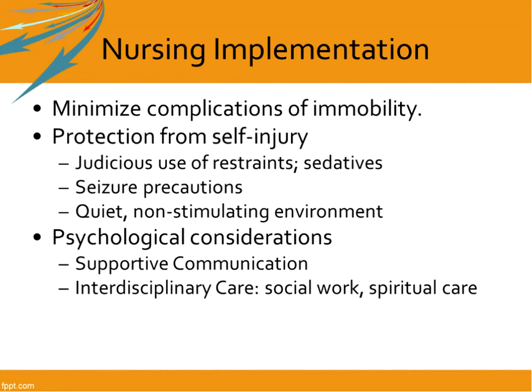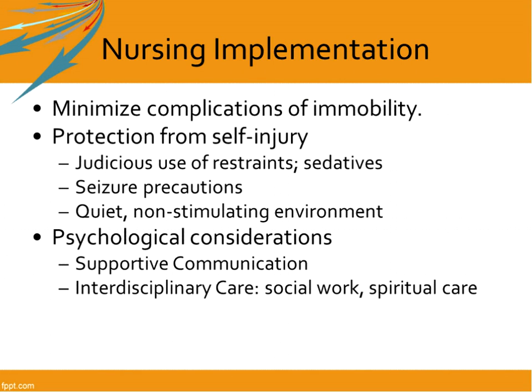So we're trying to protect them also from self-injury. Some things from immobility that we're trying to prevent are things like atelectasis and contractures. Even though we want to protect them from self-injury, we want to be very careful about the use of restraints.